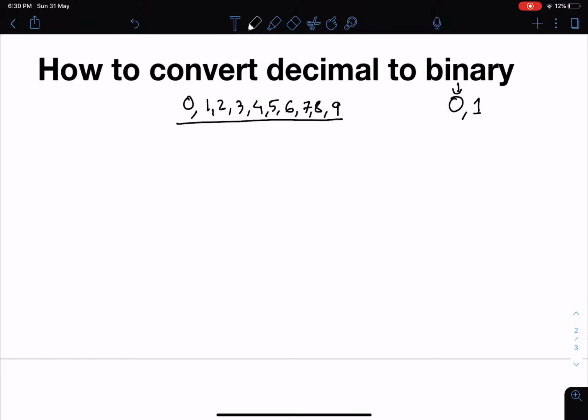Now, how to convert this? Let's take an example. Say we have to convert 17, which is in decimal, into the binary system. The main process is that you first write 1 and then keep on doubling it: 2, 4, 8, 16 and 32.